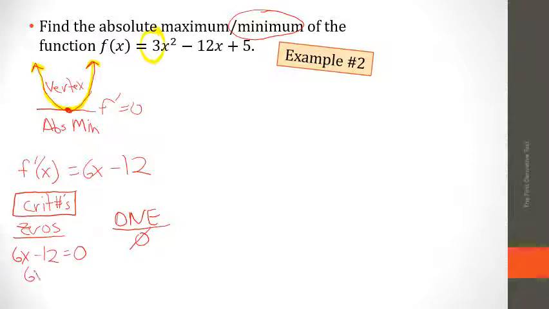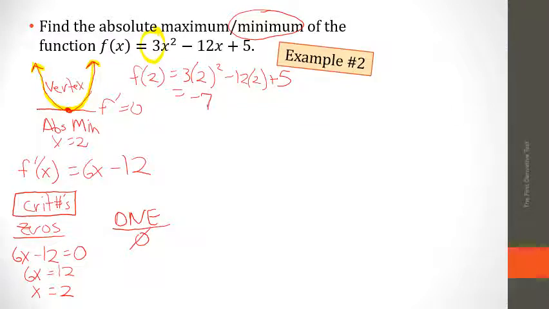Our slope equals 0 when x is 2. So the vertex occurs at x equals 2. If you want to find the y value of the vertex, you could plug f of 2 into the function and get out the value of -7.